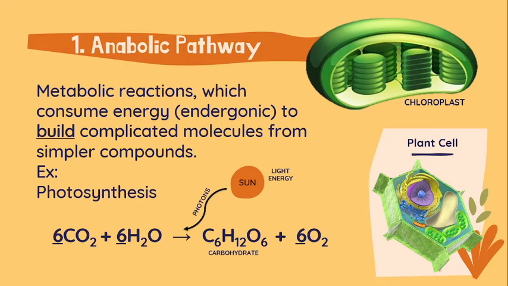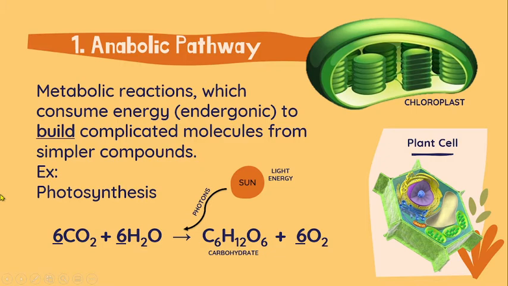Now, an example of this pathway is photosynthesis again. So we can see here that we have used different compounds like carbon dioxide and water to create a complex molecule, a carbohydrate, using this chemical equation here.